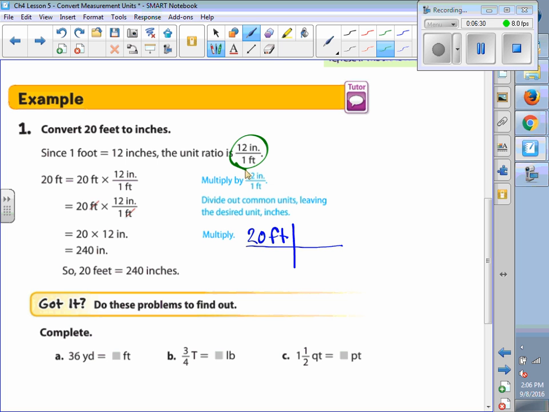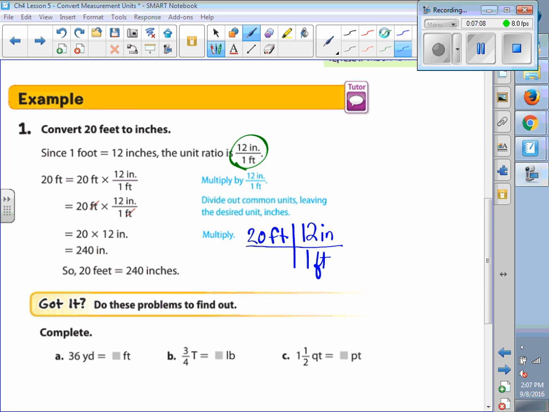Remember that in order to simplify, you have to have 1 on the top and 1 on the bottom. So, if I want to cancel out feet, where will I put feet? Right here, feet is in the what? In the top, in the numerator. So where will feet need to be in order to cancel out? In the bottom, in the denominator. Is everybody clear with that? So, we will write 12 inches is equal to 1 foot.